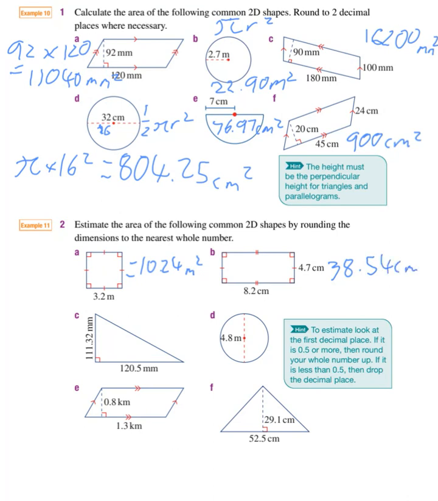For a triangle, half base times height gets you the answer. And the reason is that if it was base times height, then that gets you the area as if it's a rectangle. But as you can see, we've pretty much got half a rectangle, hence the half. Okay, so if you do 120.5 times 111.32, you end up getting an answer of 6707.03.